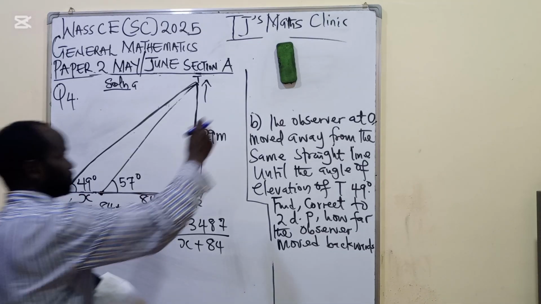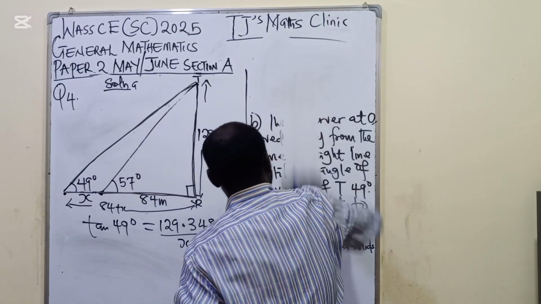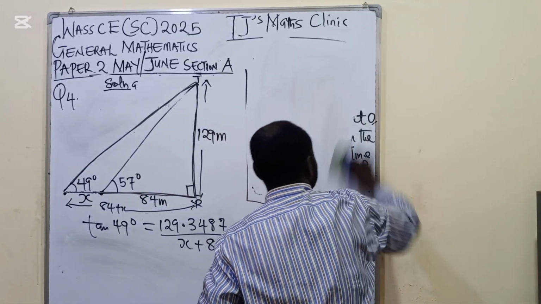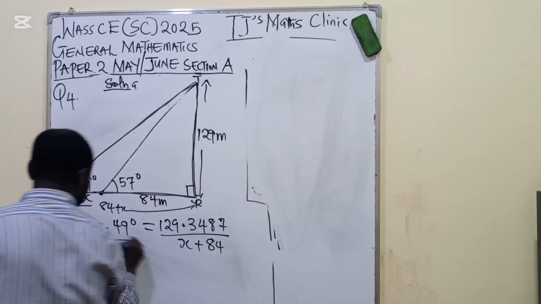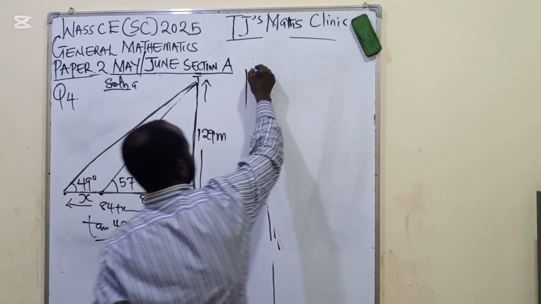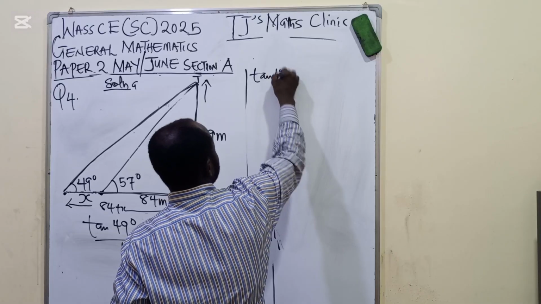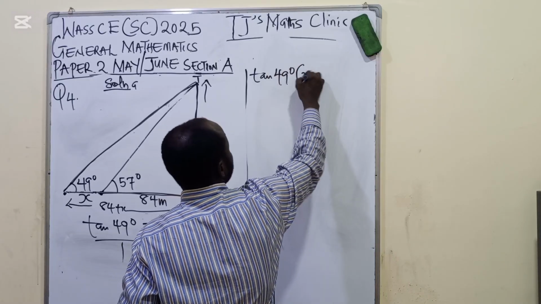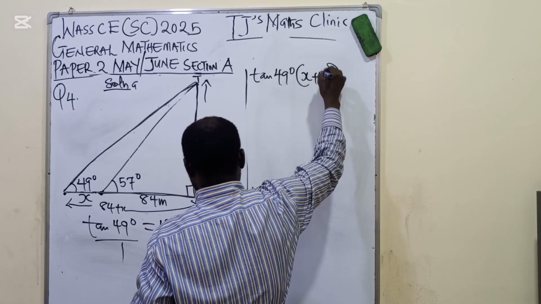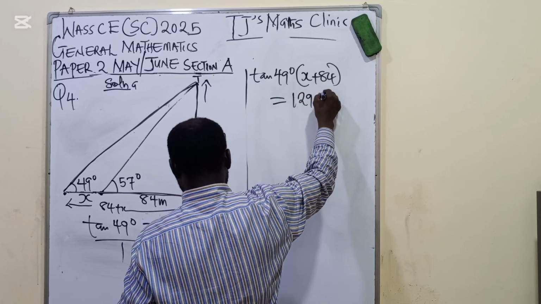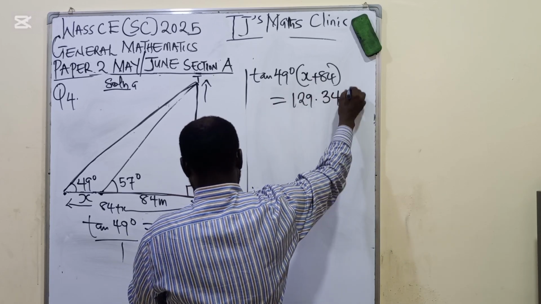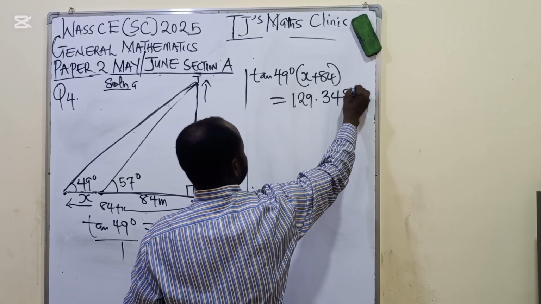Okay, so let's cross multiply. Permit me to clean this. We have to leave our answer to 2 decimal places. So if we cross multiply, we'll have that tan 49 degrees into x plus 84 will be equal to 129.3487.